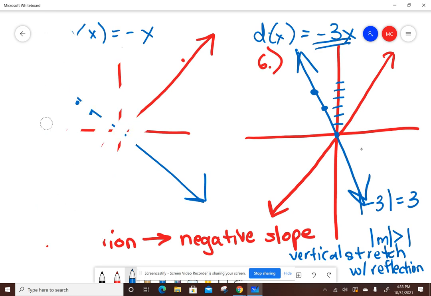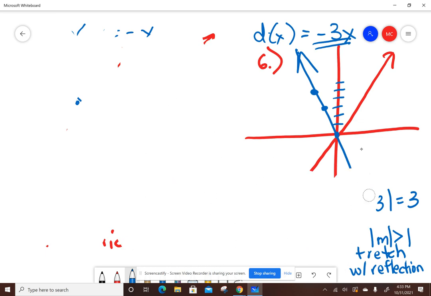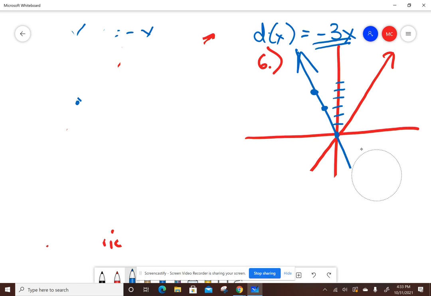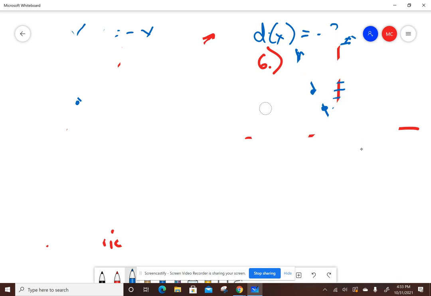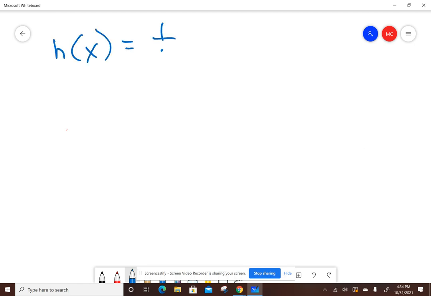Now, if you look at those next two, you will see that most linear equations are a combination of stretches, shrinks, reflections, and translations. So let's look at number 7, and it is h of x equals 1/2 x plus 1.